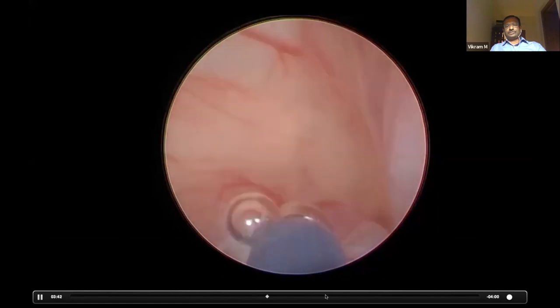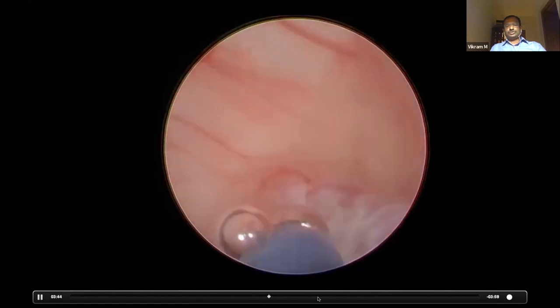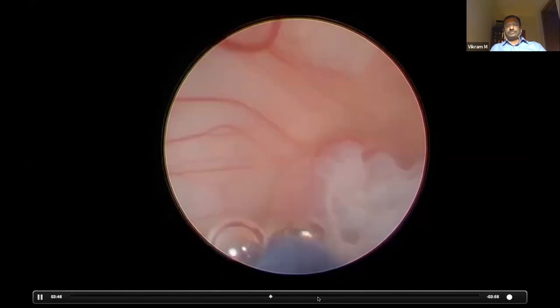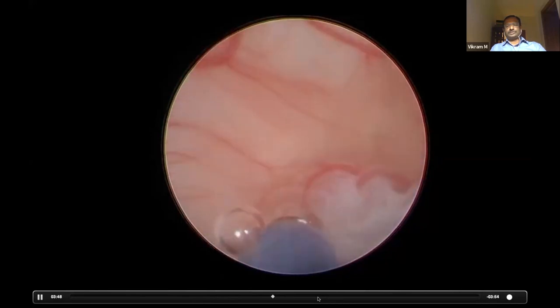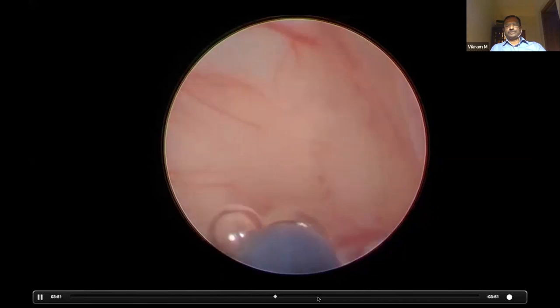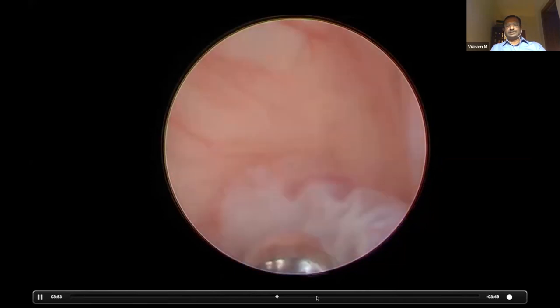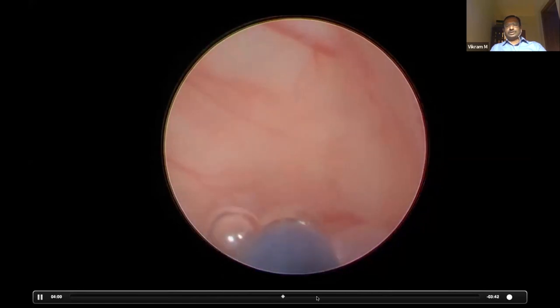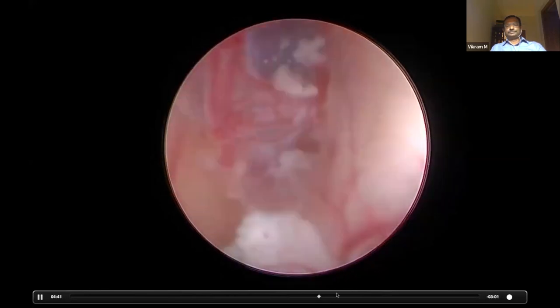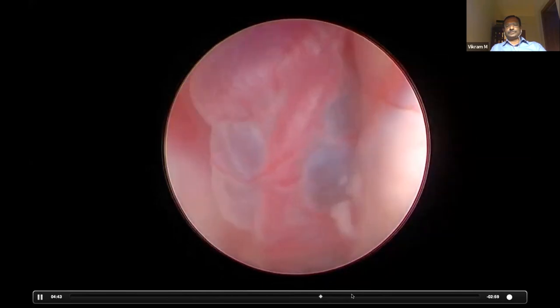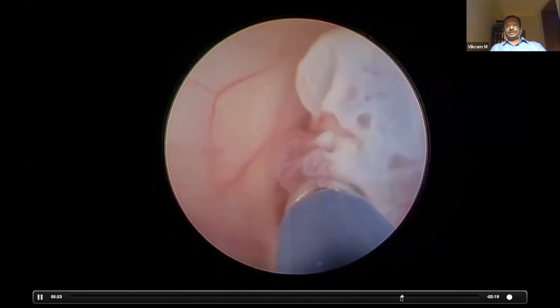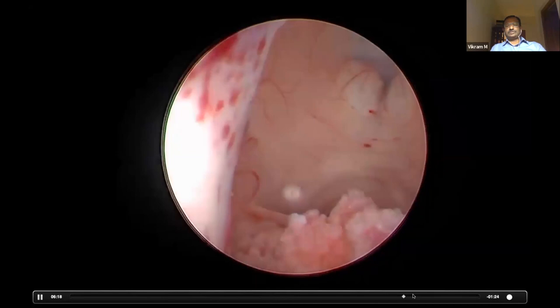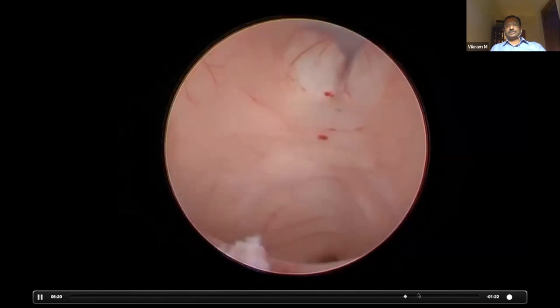As it is floating, we have to be dynamic. Most of the time, I don't fix the endoscope, because the frequent movement gives us the three-dimensional depth, and micro movements help us to have better control and more visualization. Periodically cauterized, even some of the choroid plexus need to be cauterized.